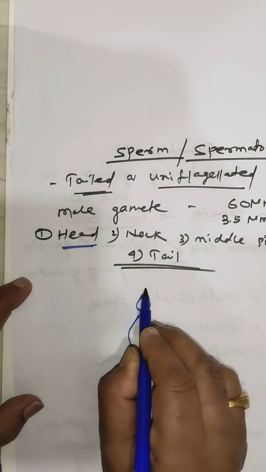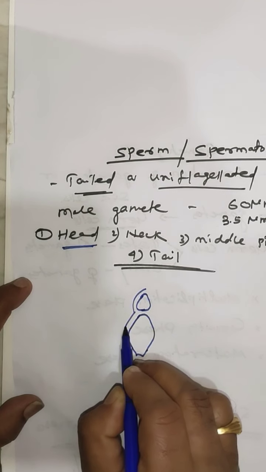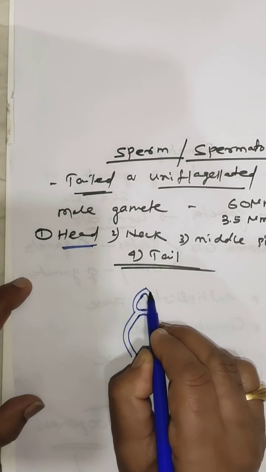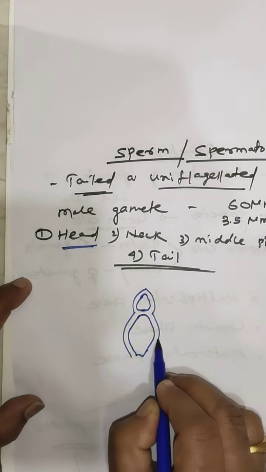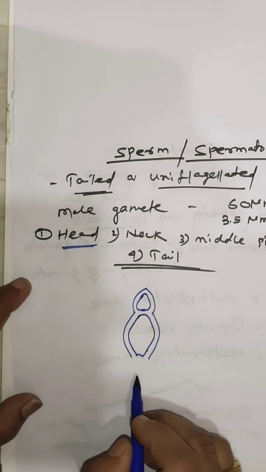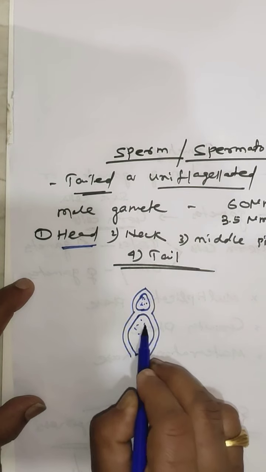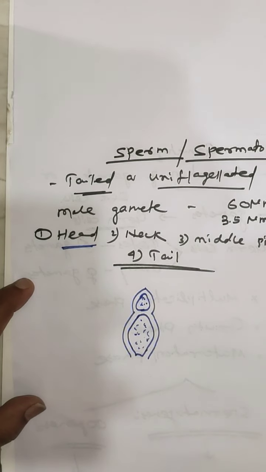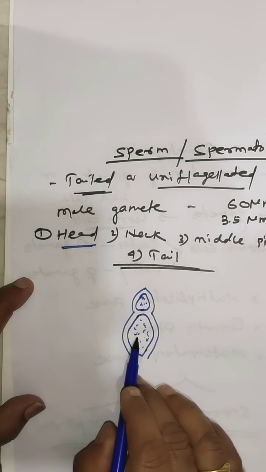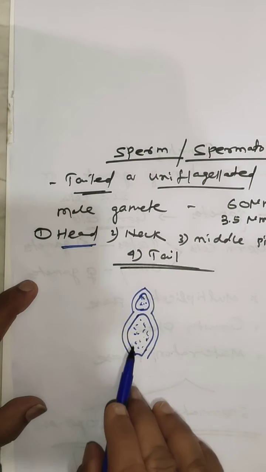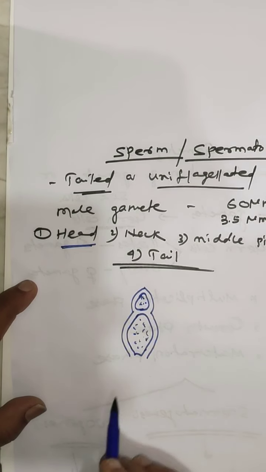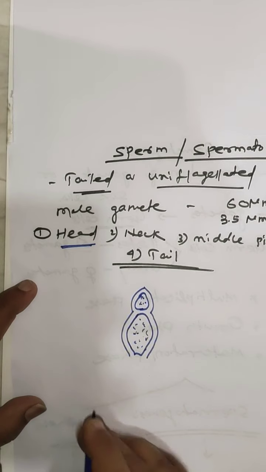The size of the head is determined by the shape of the nucleus. Clear? The nucleus occupies the major part of the head. It is highly condensed, and some less dense areas are also found inside the nucleus, called nuclear vacuole.